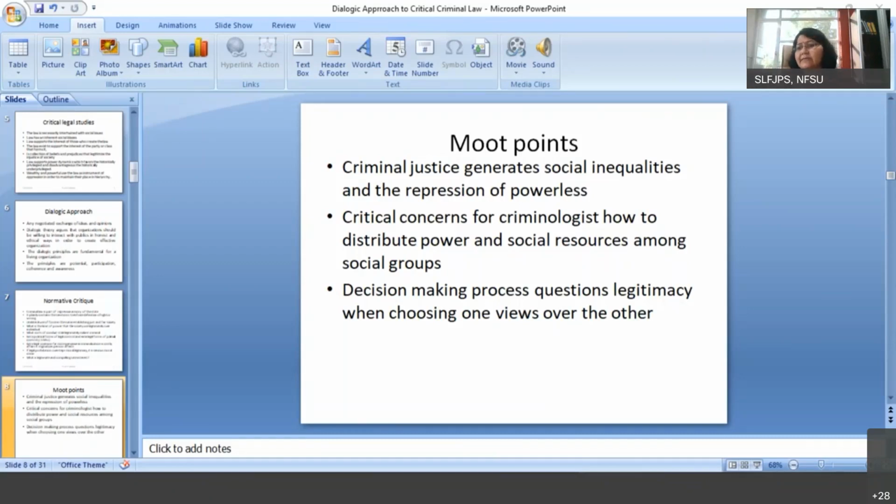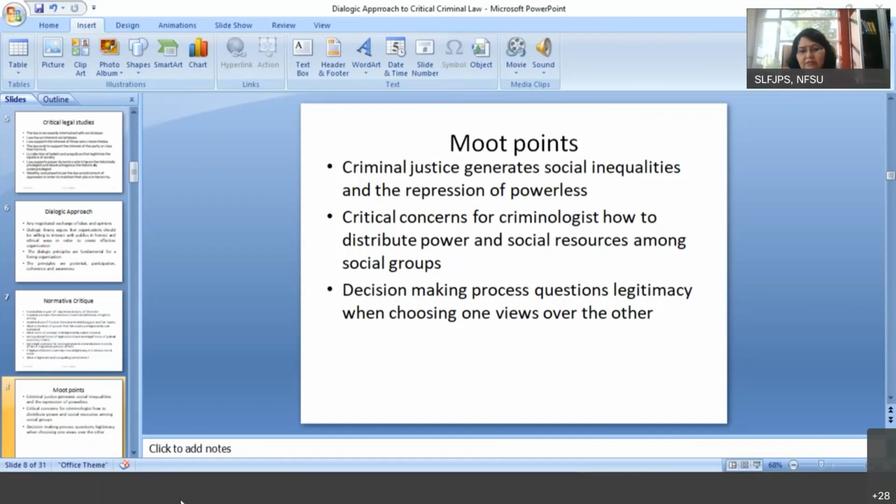And that's the reason that the critical criminologists are always concerned with how you distribute state power in terms of the criminal sanctions, so that the different groups in the society are able to gain some kind of equity and equilibrium between them.